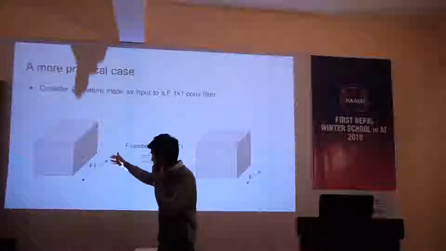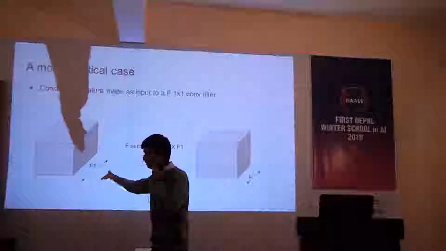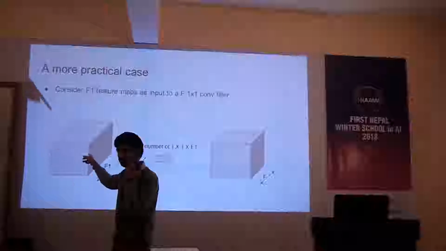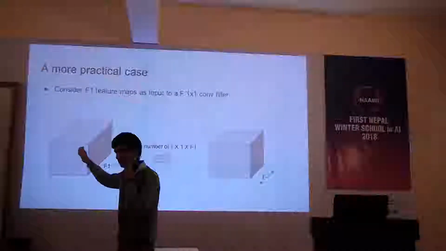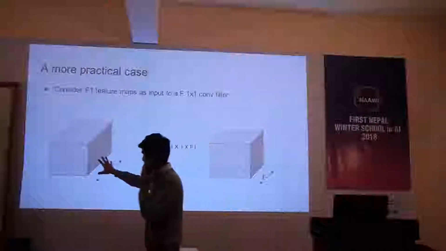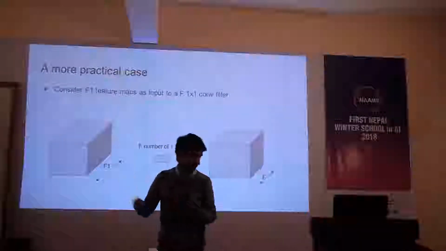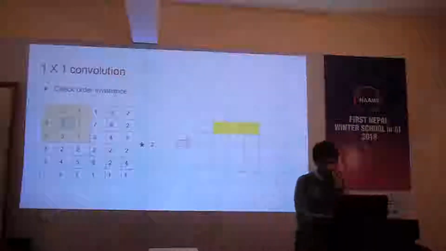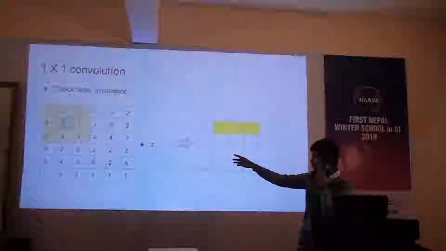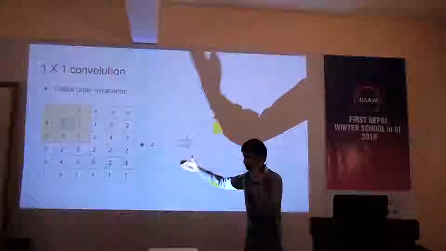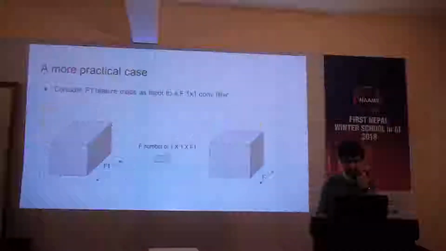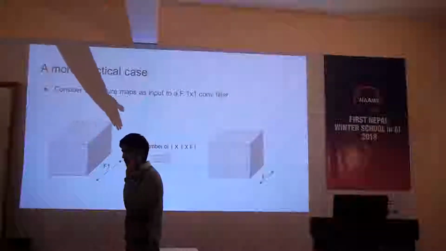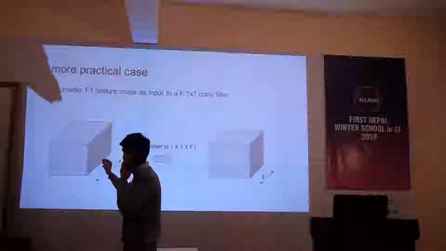Then in the output, you would get F1 feature maps. And this is the dimension of your input. It's the same, right? So this size is the matrix size we're talking about before. But you apply a number of filters, not just 2, like 2, 3, 5, many filters. Then you would have F1 number of feature maps at each location.